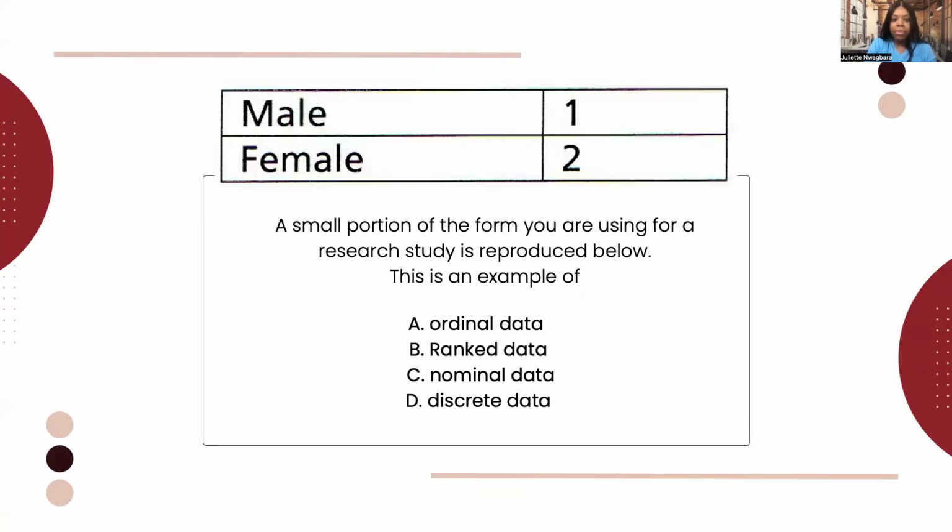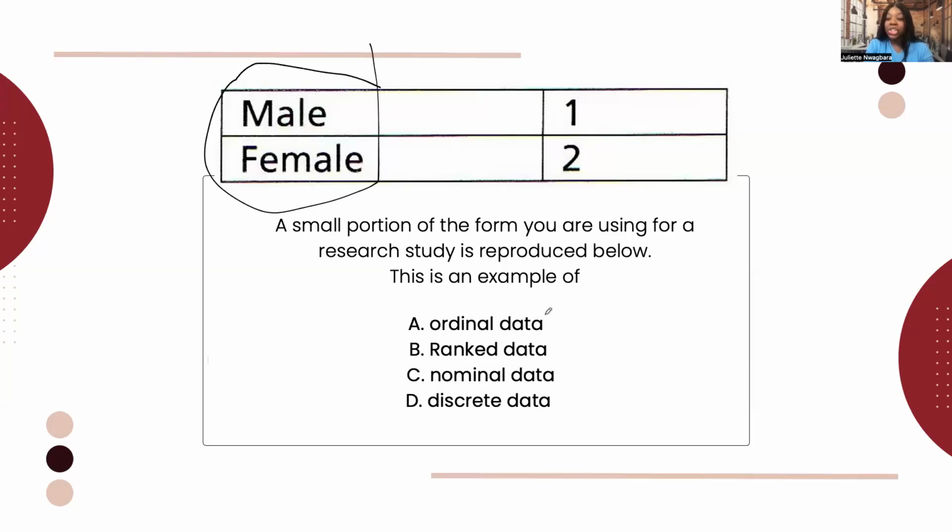Okay. All right, here's another one. I know I'm a little over. I'm going to speed this up here. So here's the next question. A small portion of the form you are using for a research study is reproduced below. This is an example of, and what we're looking at is, it says male or female, 1 and 2.